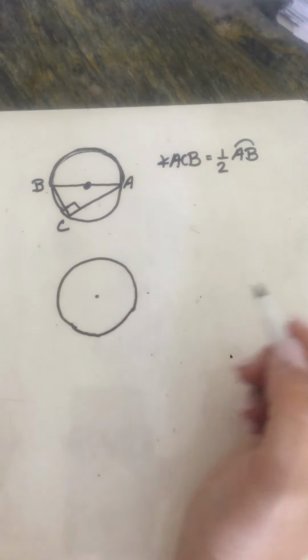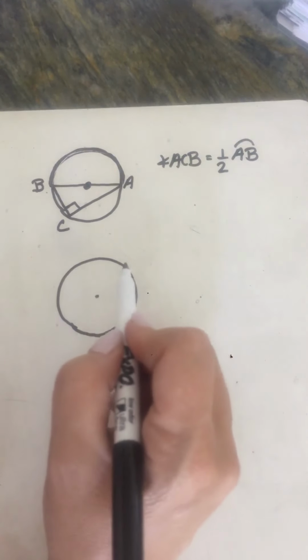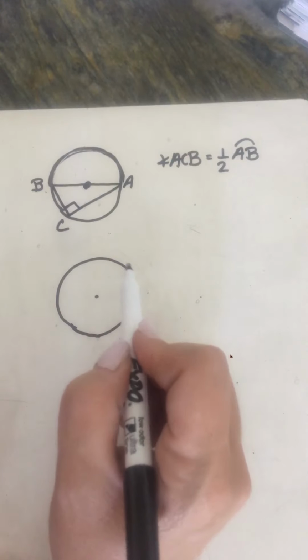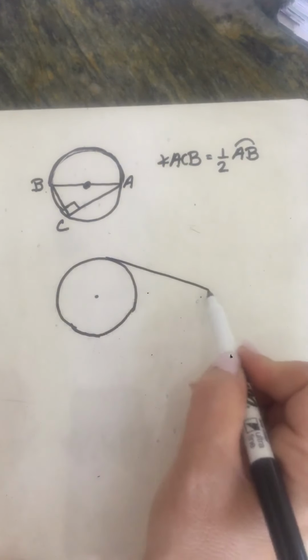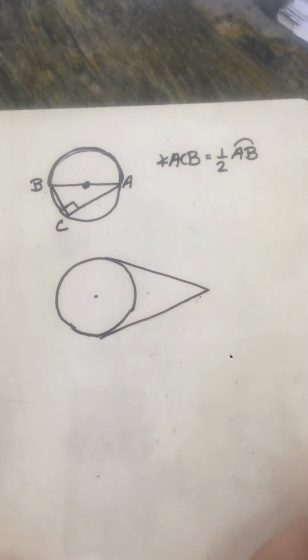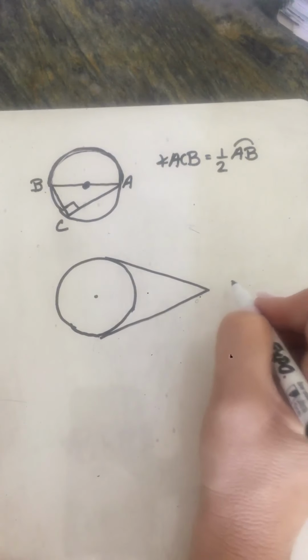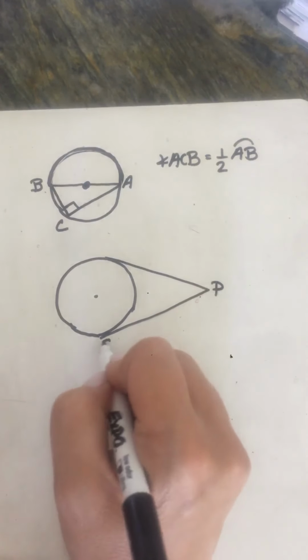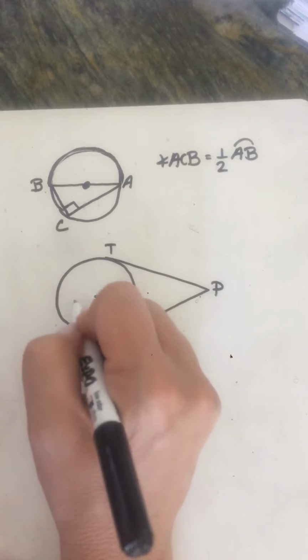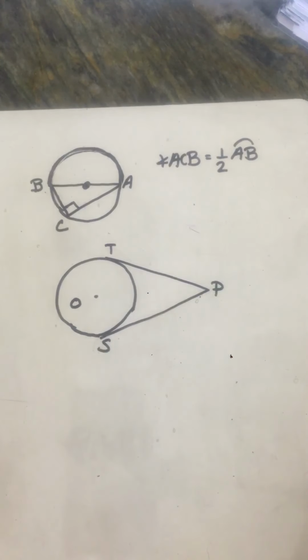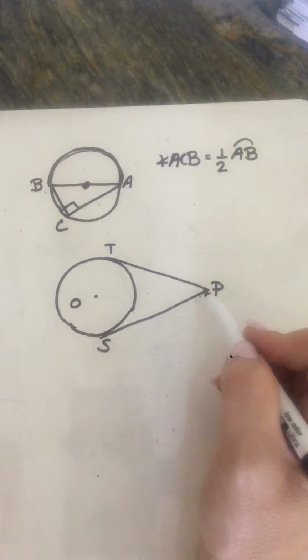All right, so here's our circle, and let's do a tangent-tangent angle. This is PST, circle O. So we have a tangent-tangent angle. This is the funny thing about tangent-tangent angles.